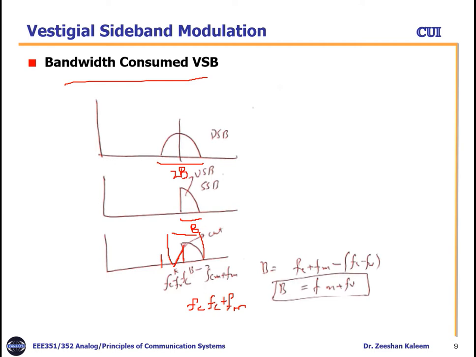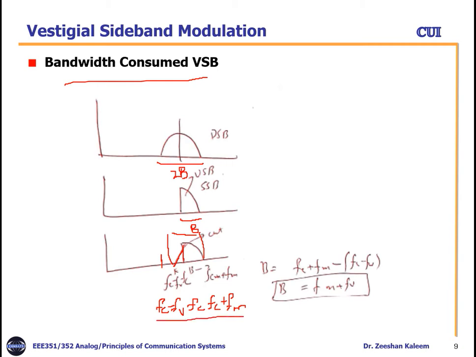We have a vestige, so we named it FC minus FV, that is the vestigial band. So the range is from FC plus FM to FC minus FV.